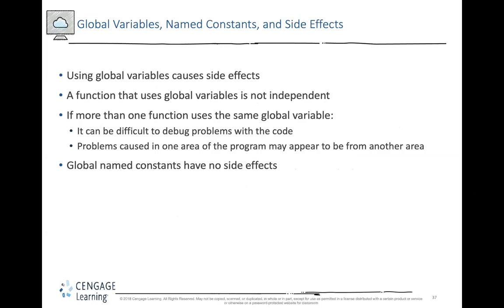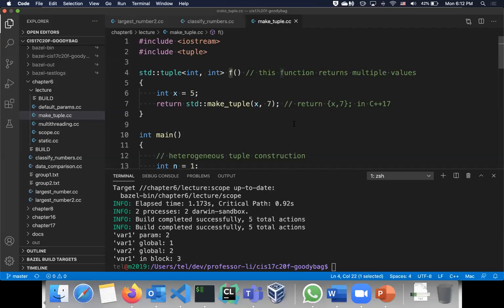Now, global variables: you don't want to pollute the global space. The recommended way is you make your own namespace. Simply declare namespace like this, namespace my space, whatever, right?